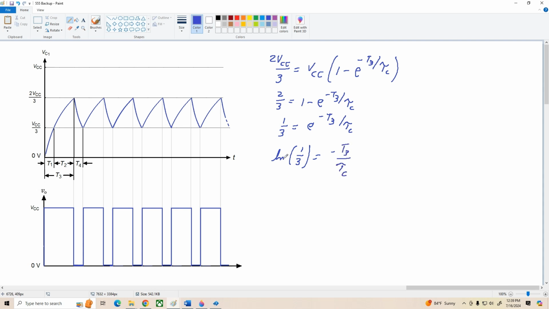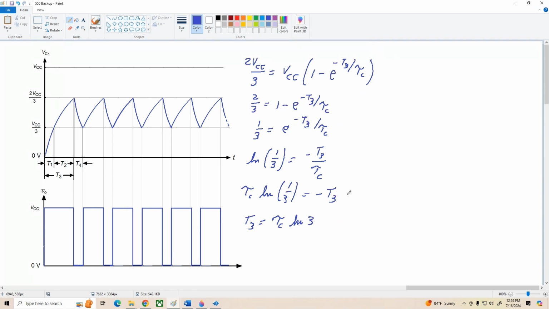And we're going to multiply both sides by the charging time constant to get T3. So charging time constant times the natural log of 1/3 is equal to negative T3. And if we want to get rid of this negative sign, we can just flip over this fraction, and we get T3 equals charging time constant times the natural log of 3.